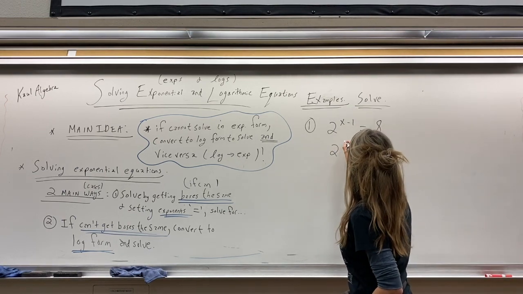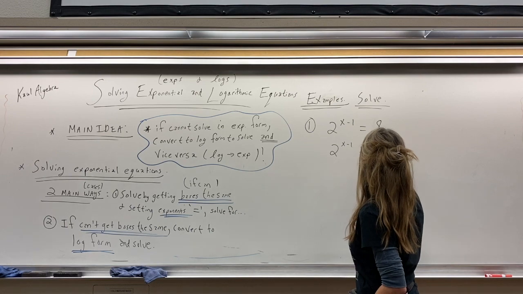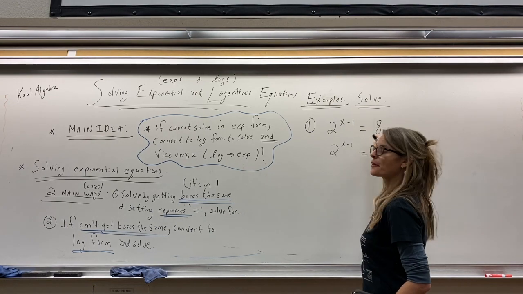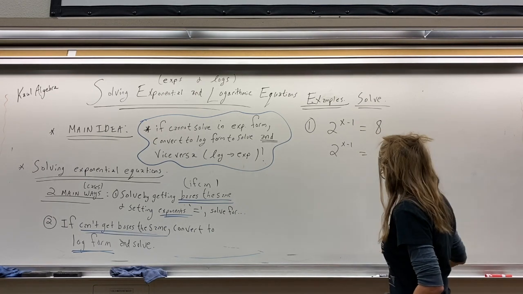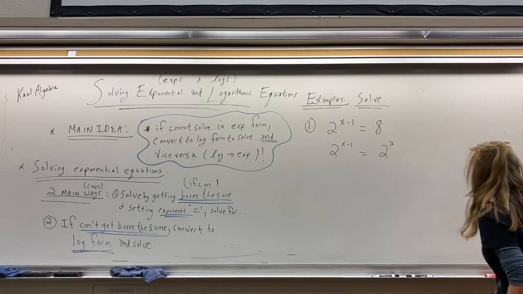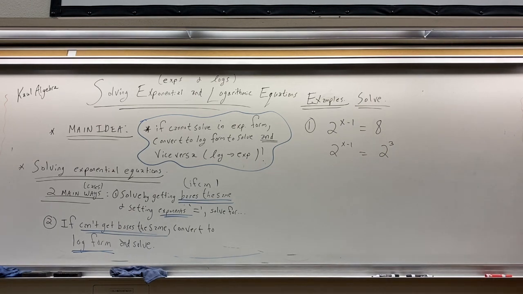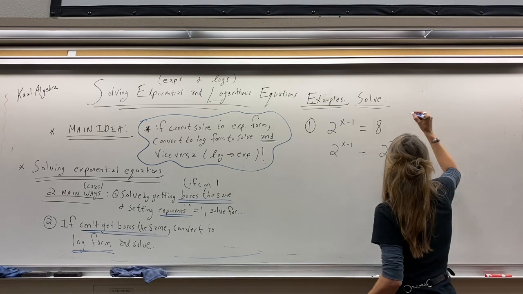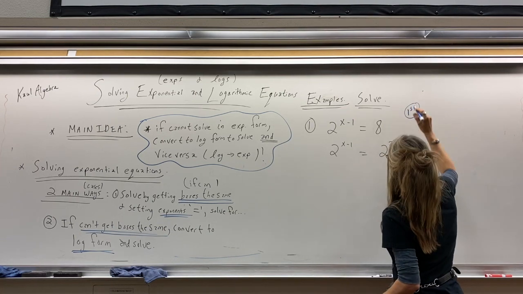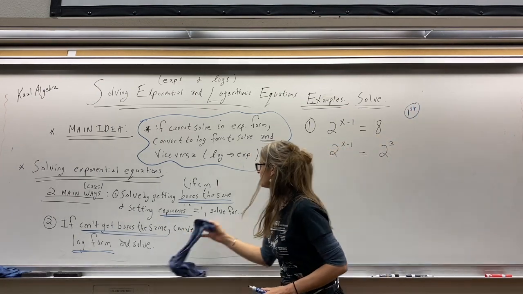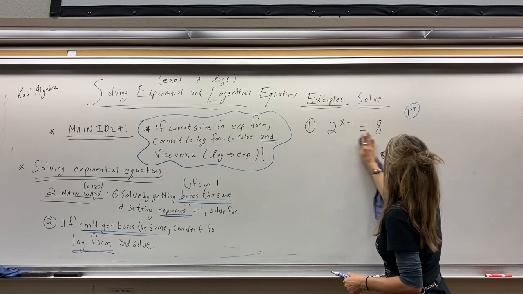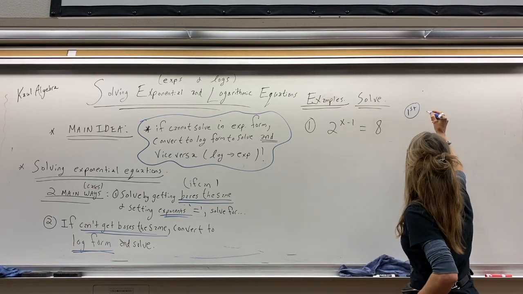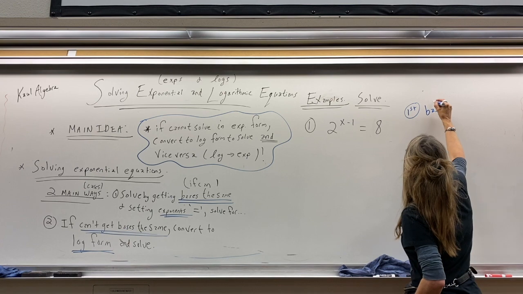So here we have 2 to the x minus 1 equals 2 to the third power. What I did here is I first want to backtrack and ask myself the question: can you get the bases the same?